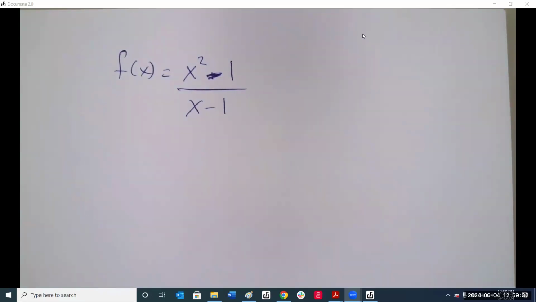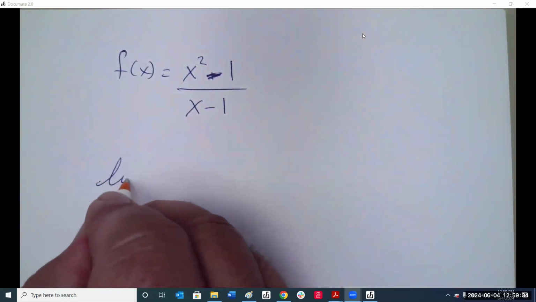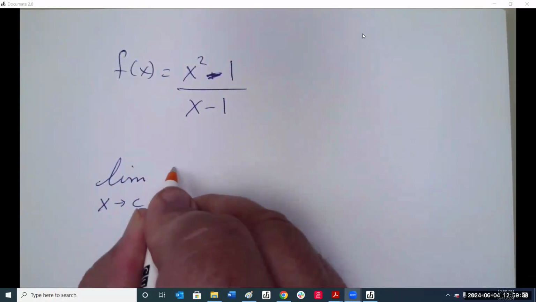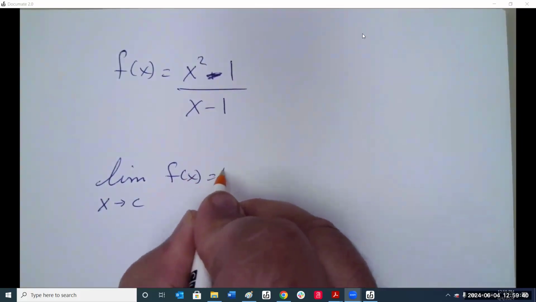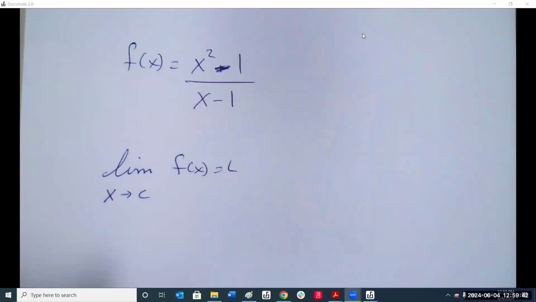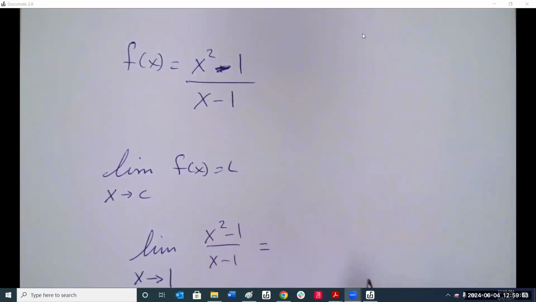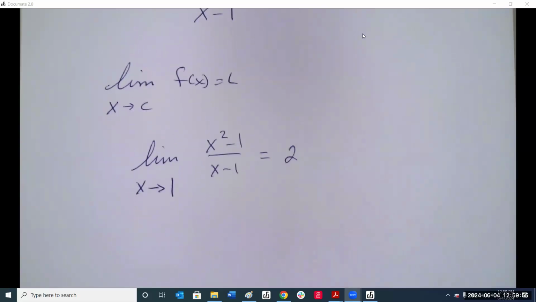Right. So what this says is the limit as x approaches c of f of x equals L. So the way we'd write it for this function would be the limit as x approaches 1 of x squared minus 1 over x minus 1 equals 2.